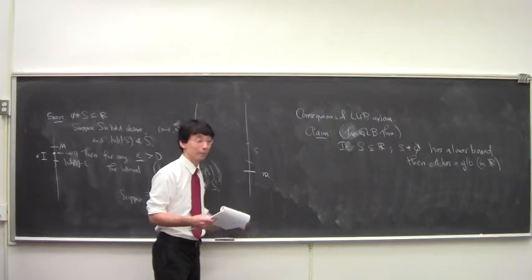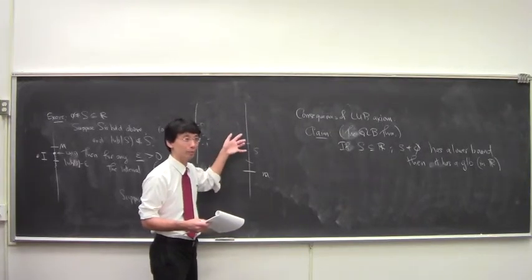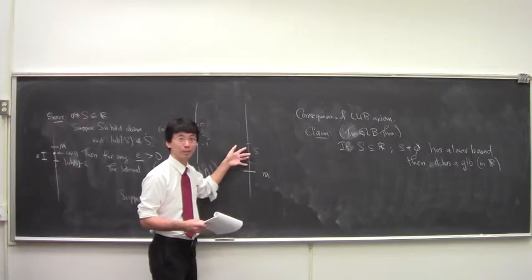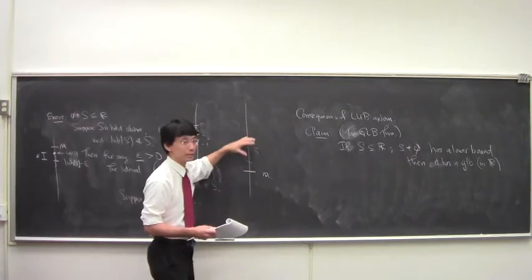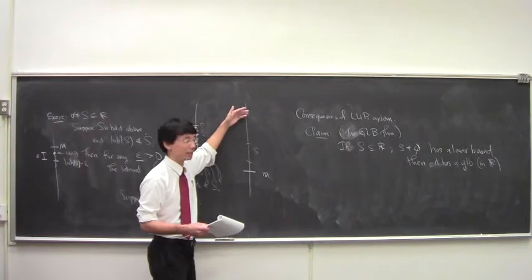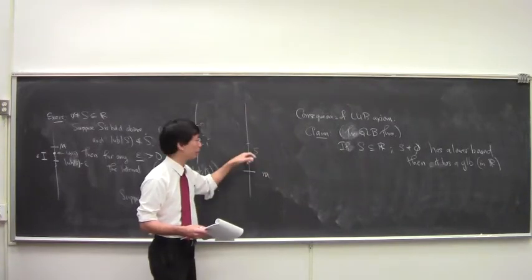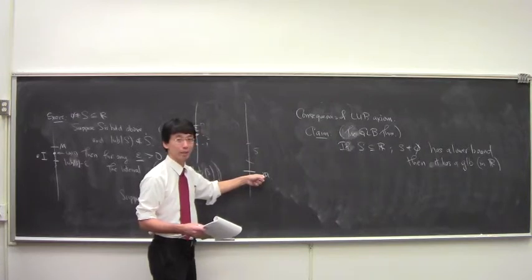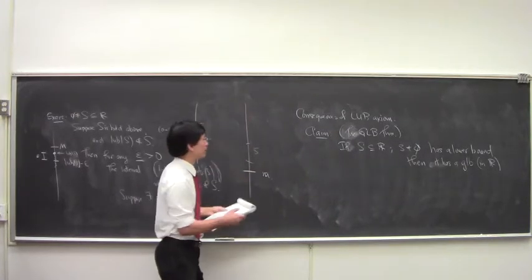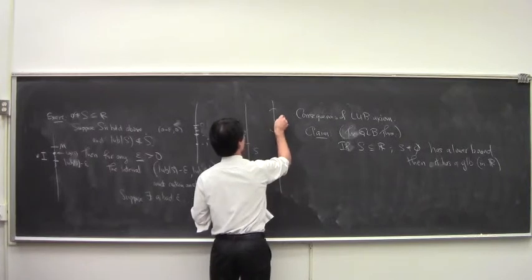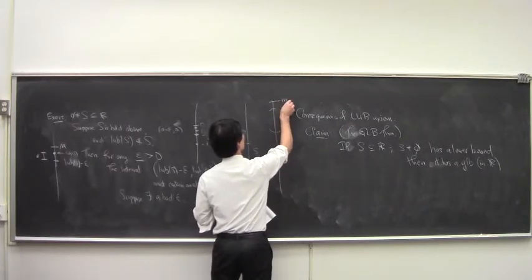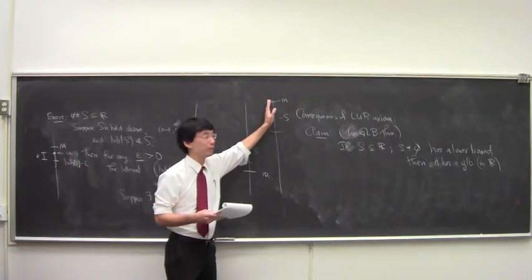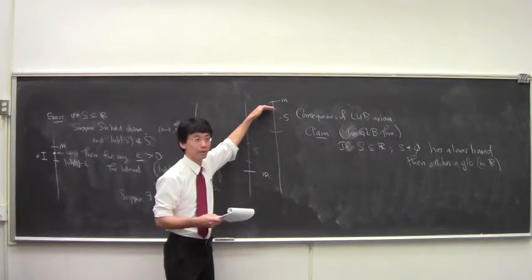Well, flip it over. Multiply everything by negative 1. And then you're going to have a set which has an upper bound. You're going to have the set negative S, and its upper bound will be negative M. Because it has an upper bound, now we can apply the least upper bound axiom, so it will have a least upper bound.